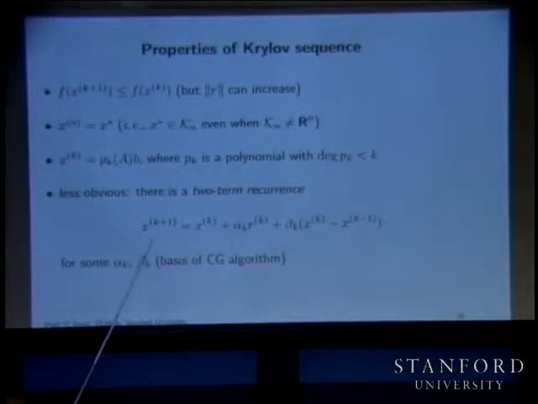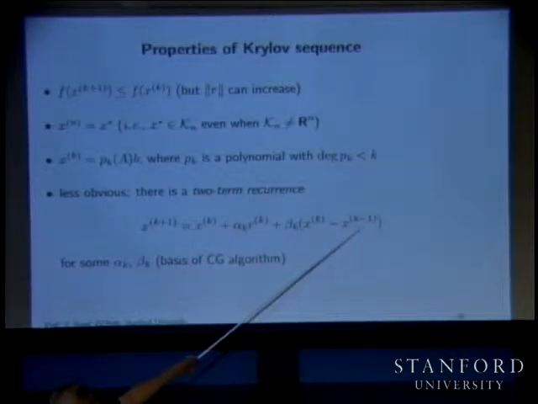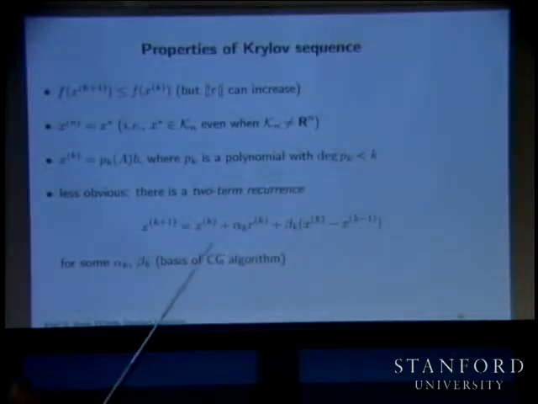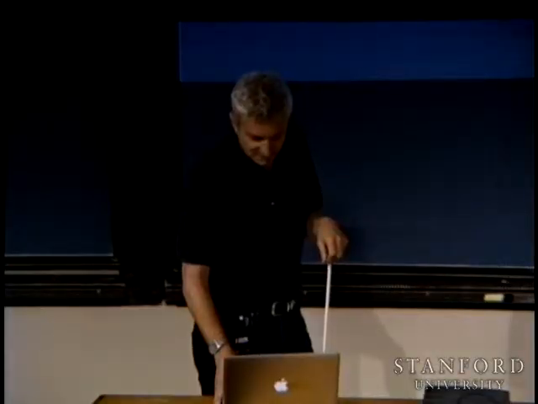You can compute the next point in the Krylov sequence as a linear combination of not just the previous one, but the previous one and the one before that, and then there are some coefficients here. We'll see what the coefficients are later. Actually, they're not that relevant. What matters is that they exist and are easily calculated.